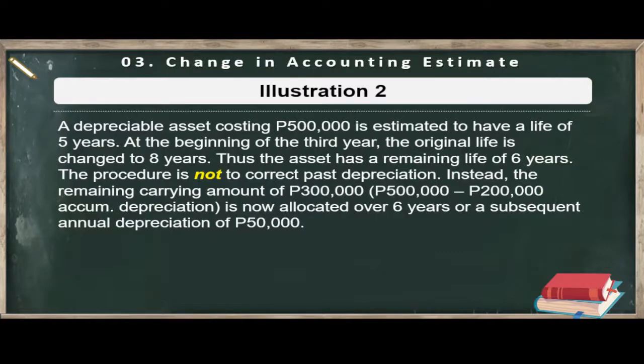Katong 200,000 nga accumulated depreciation, it will remain as 200,000 as is na to siya. Dili na nato siya usbon. So therefore, the carrying amount of the asset now is 500,000 minus 200,000 accumulated depreciation. Kanang carrying amount nga 300,000, mauna na siyang i-allocate nimo over 6 years.